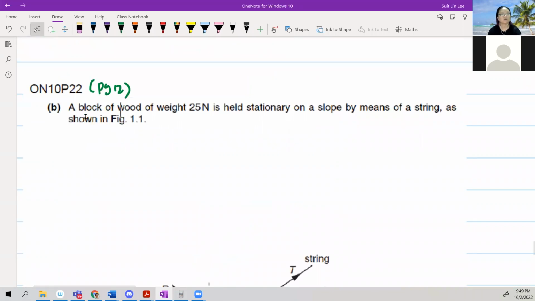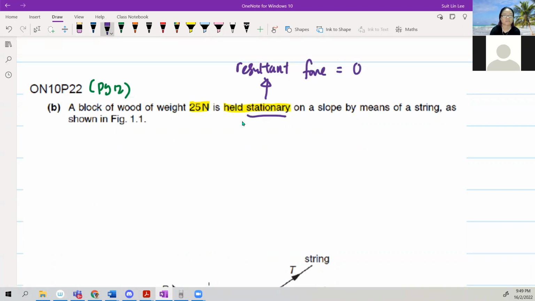Okay. So it says here a block of wood of 25 Newton is held stationary. When I see the word stationary, I know that my resultant force is 0. It's not going to go anywhere. Or in your IGCSE word, they like to call it balanced force.